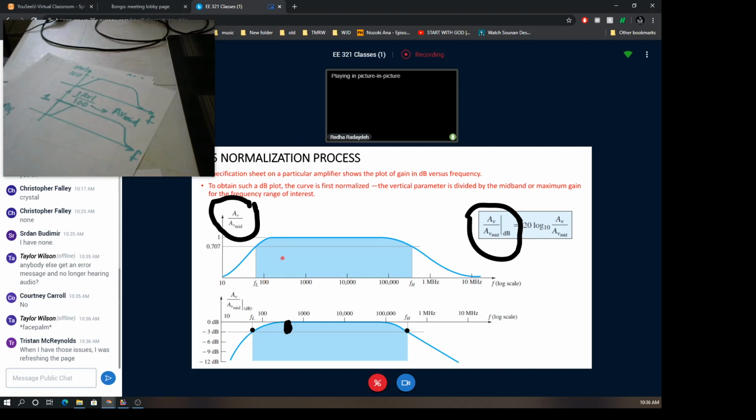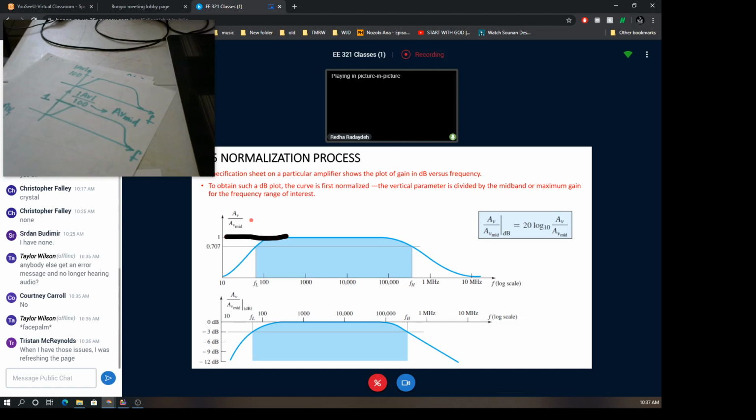Both of these are Bode plots. The first one shows the y-axis normalized in decimal. The second one shows the y-axis normalized in dB, decibel, and both of them are normalized because, as you see here, the maximum value of the gain is unity, right?